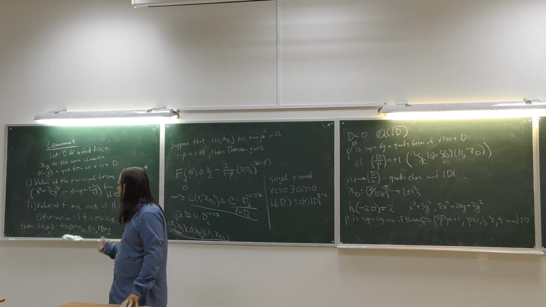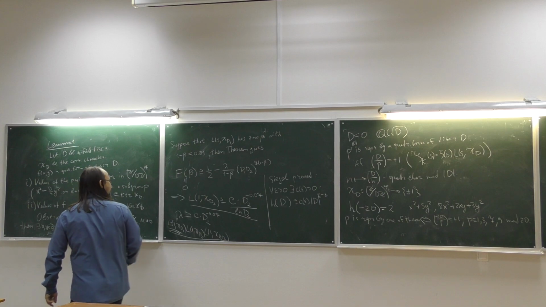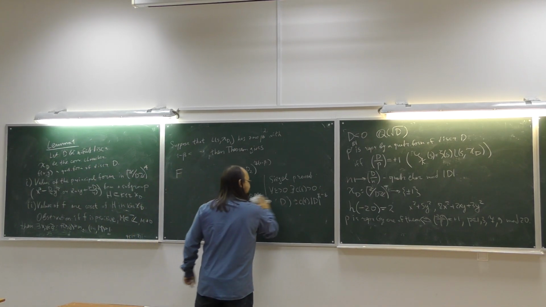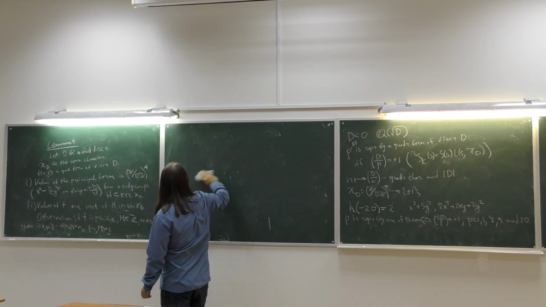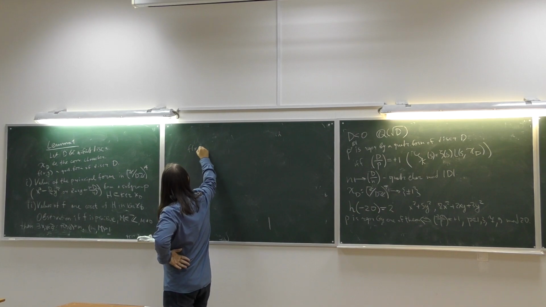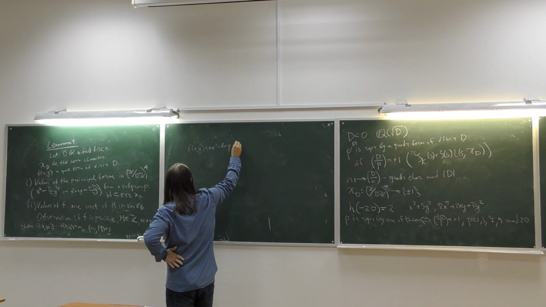You see, to prove this result, let us first prove it when m is a prime number. Suppose that f(x,y) is equal to ax squared plus bxy plus cy squared.